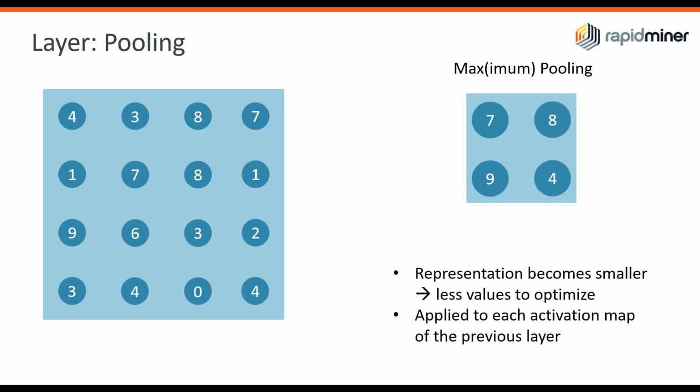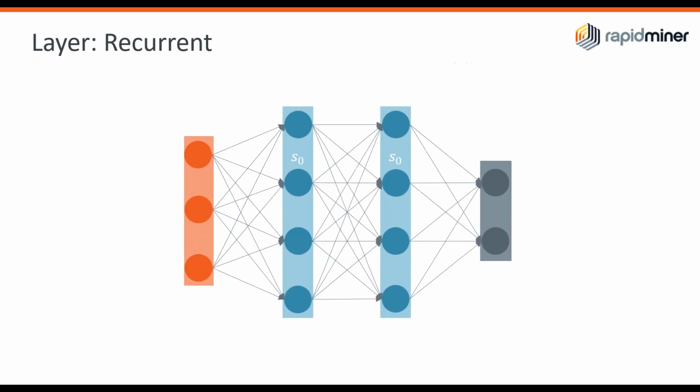So let's get to the next layer. This one is a bit tricky. It is called a recurrent layer. As you can see, I've added some labeling to this layer. Here it says S0, and this is to indicate that these layers have a state. Recurrent layers are used if you have sequential data.